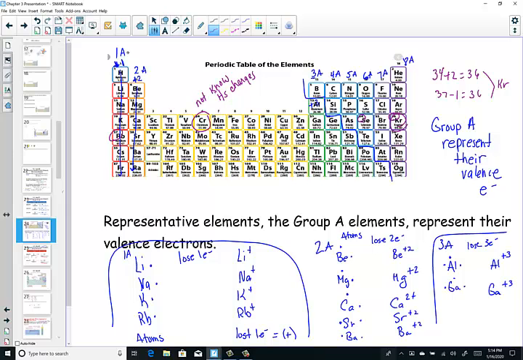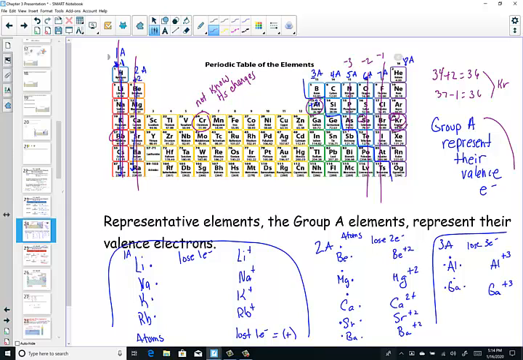The only ones I know with certainty, column 1, those are +1s. Column 2, those are +2s. I know aluminum, that's a +3. I know fluorides, all -1. The oxide family are all -2. The nitrides are all -3s. Those I know based on the location.